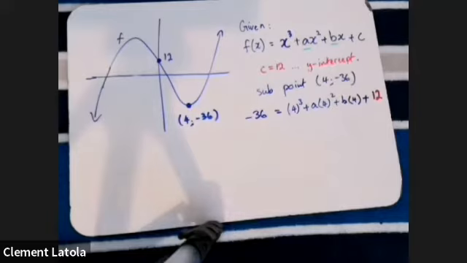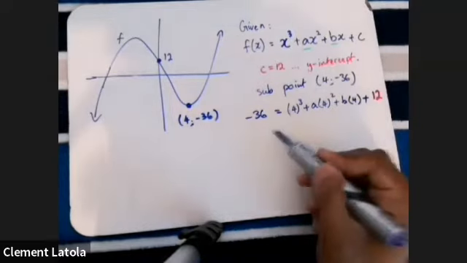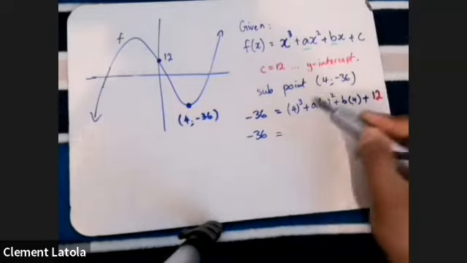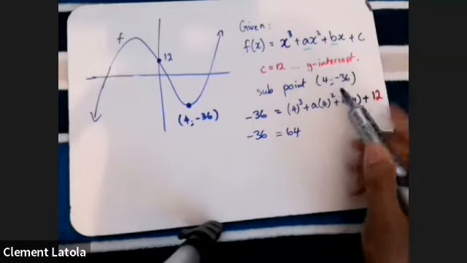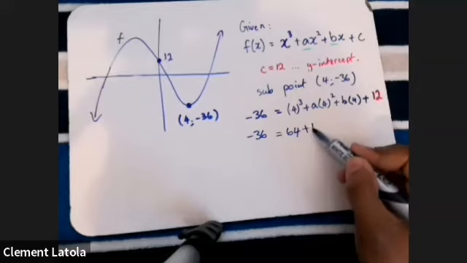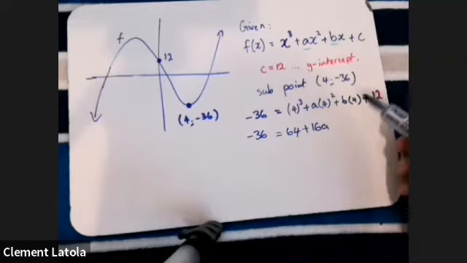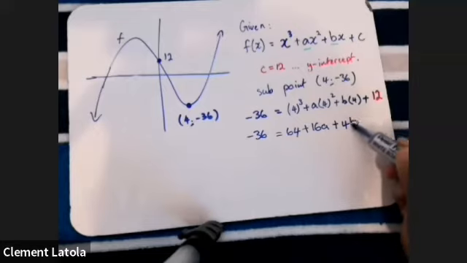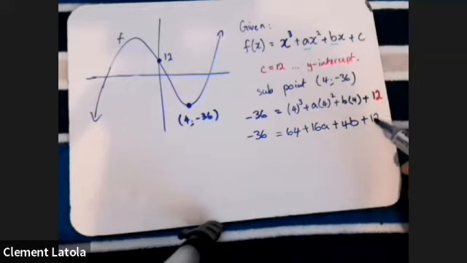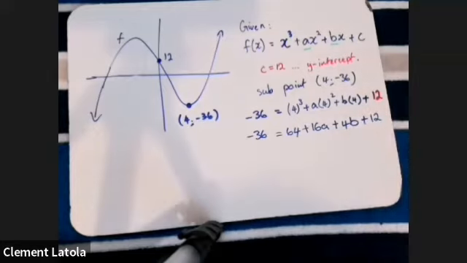Now let's simplify this. 4 cubed is 64. 4 squared is 16, so this is 16a. 4 times b is just 4b. And 12 can't be simplified any further.